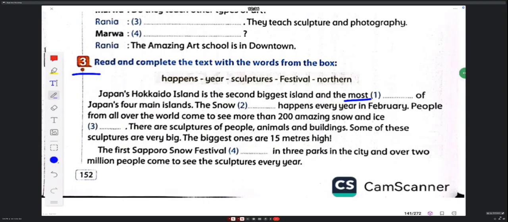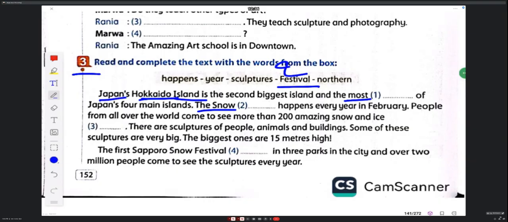Okay, let's read. The snow festival happens every year. Hokkaido is an island, the second biggest island in Japan.